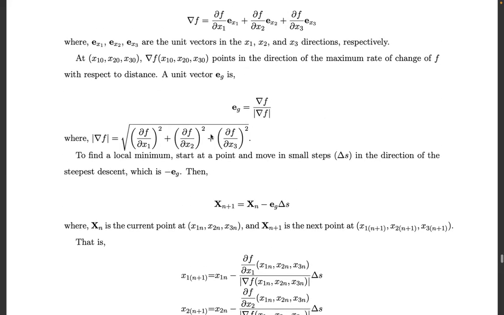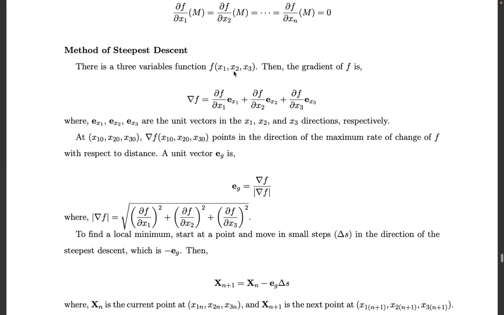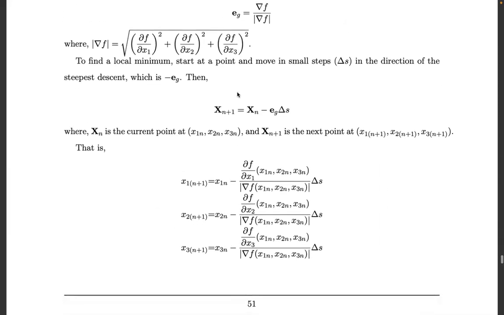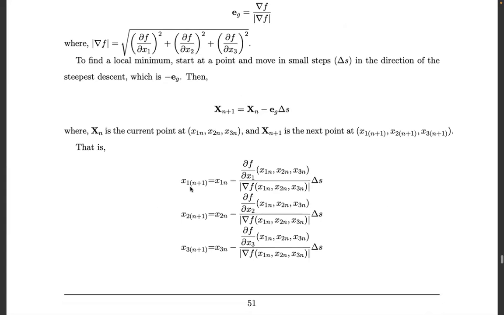This is the 3-variable function. So x1 n plus 1 equals x1 n minus partial f by partial x1 at the current point over the length of the gradient at this point, times delta.